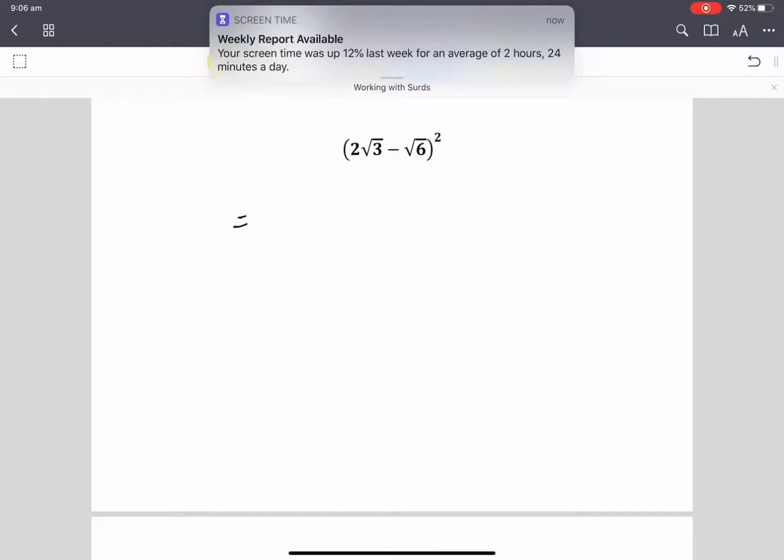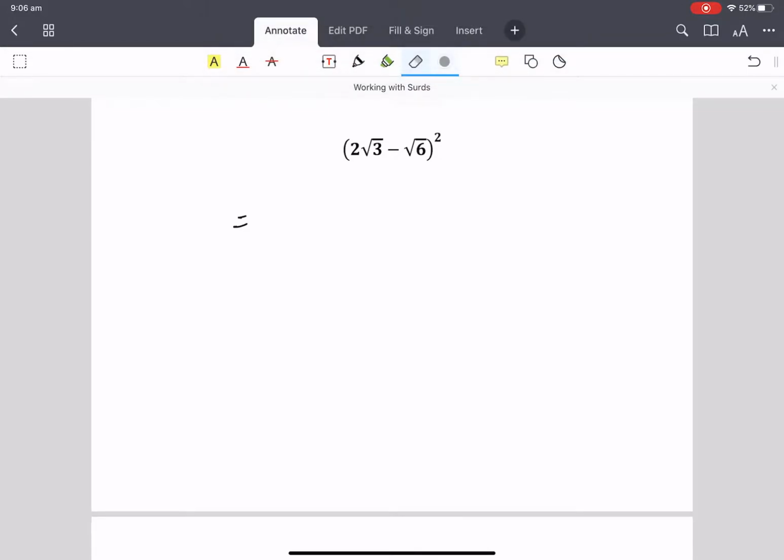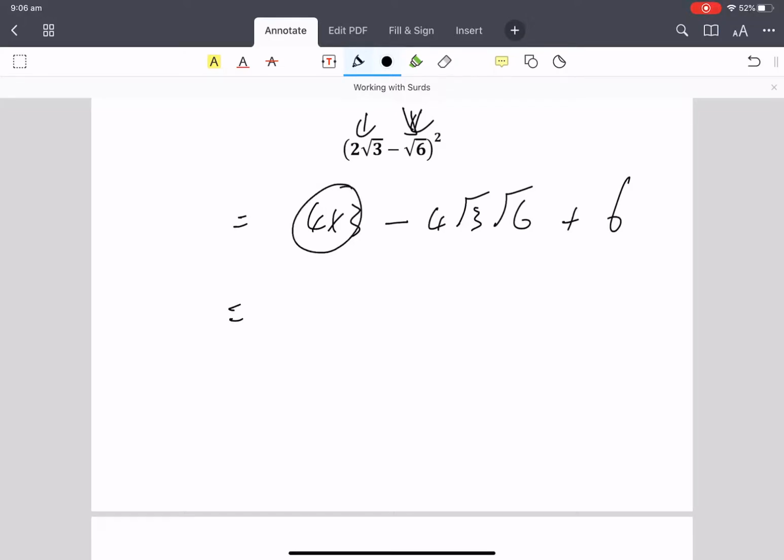So 2 root 3 minus root 6 all squared is going to be 4 times 3, minus 2 times that, which is 4 root 3 root 6, plus root 6 squared, which is just 6. 4 3s are 12. 12 and 6, 18, minus 4 root 18. And you're right, that 18 can be simplified.